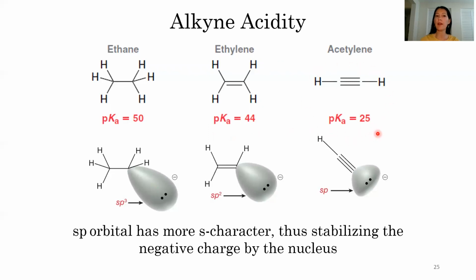The reason is you have an sp3 center for an alkane, sp2 versus sp, and in the sp hybridized carbon, you have more s character, so you're closer to the nucleus, and that can better stabilize the negative charge of the conjugate base. So basically, the alkynes are more acidic than alkenes and alkanes. These are the least acidic. That's why there isn't as much reactivity with those.